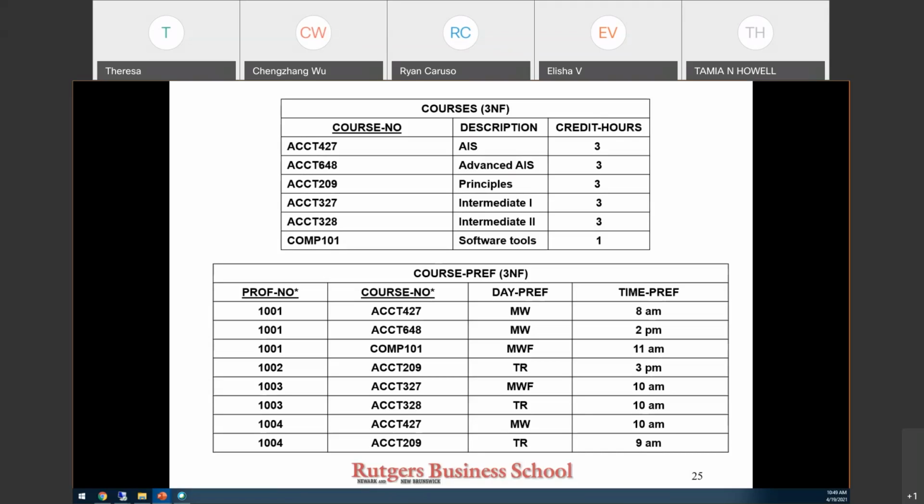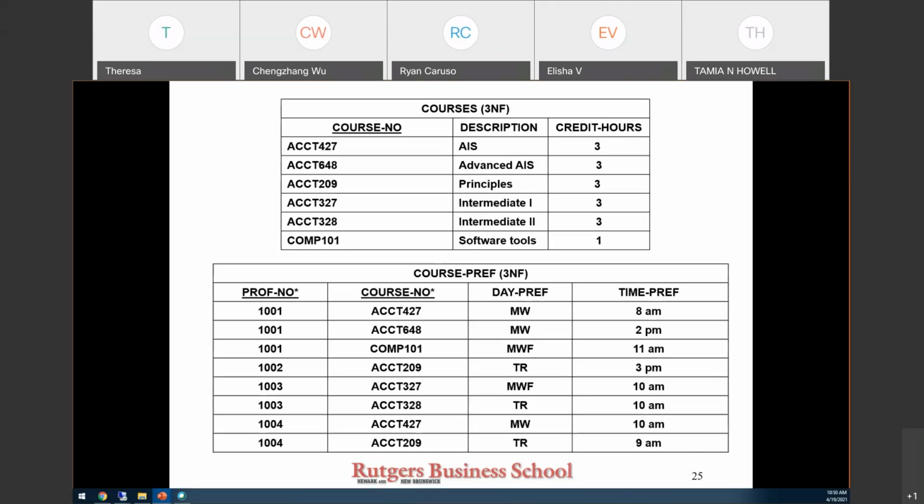As you can see, the course description and credit hours fields now have an independent existence since they are represented in the courses table. Both the non-key fields in the courses table, the description and credit hour fields, are functionally dependent on the primary key, course number.